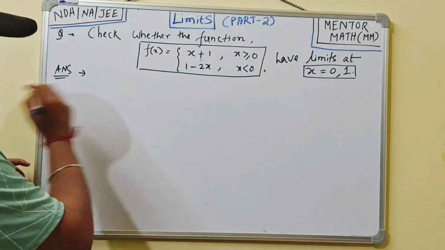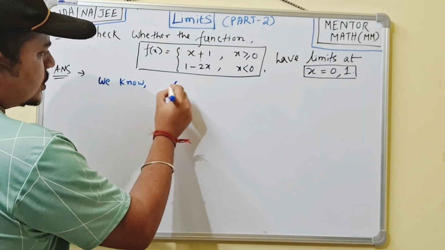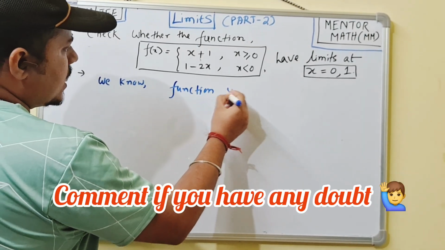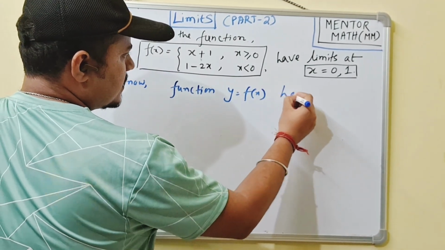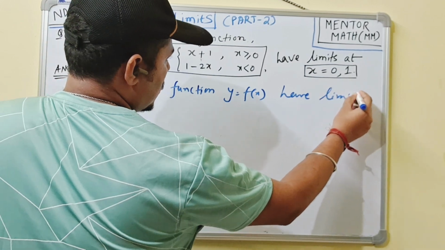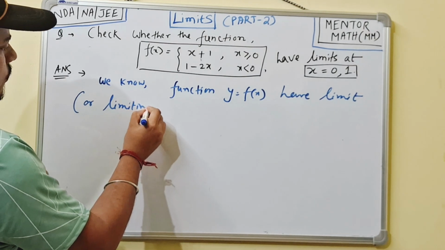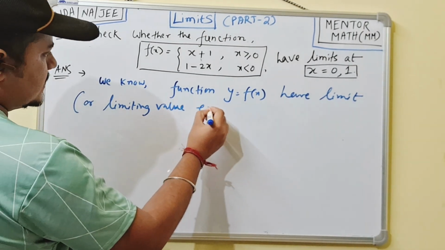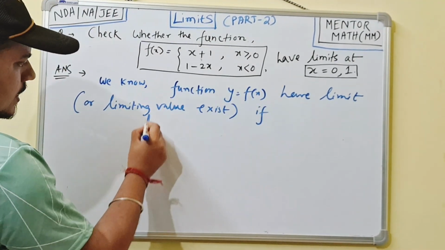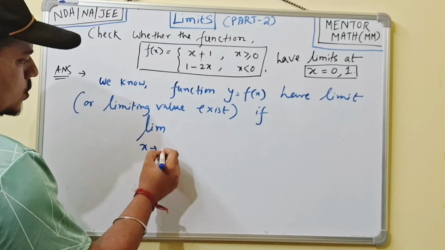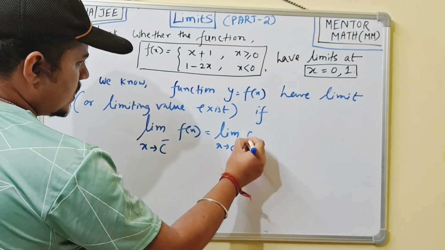So we know, if the function y = f(x) has a limit, or the limiting value exists, if the limit as x tends to c minus of f(x) is equal to the limit as x tends to c plus of f(x).